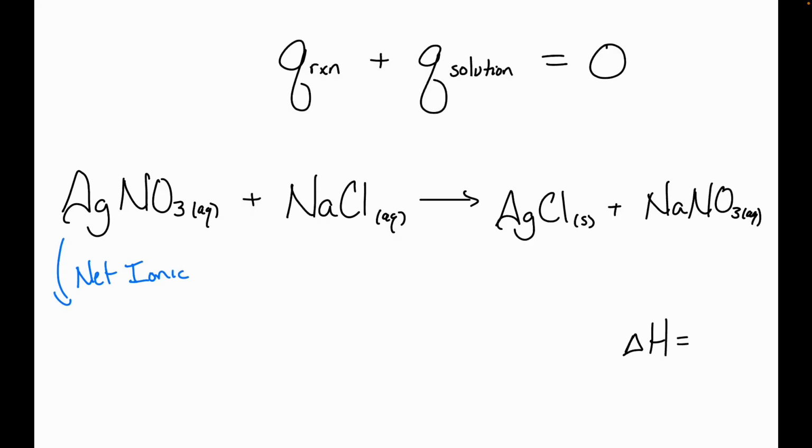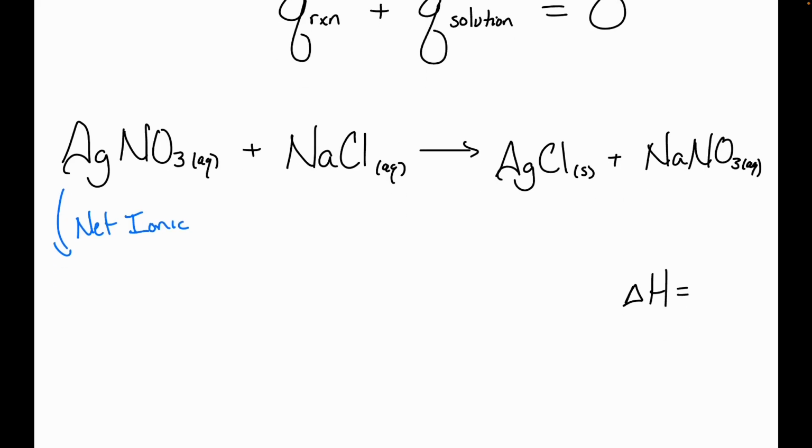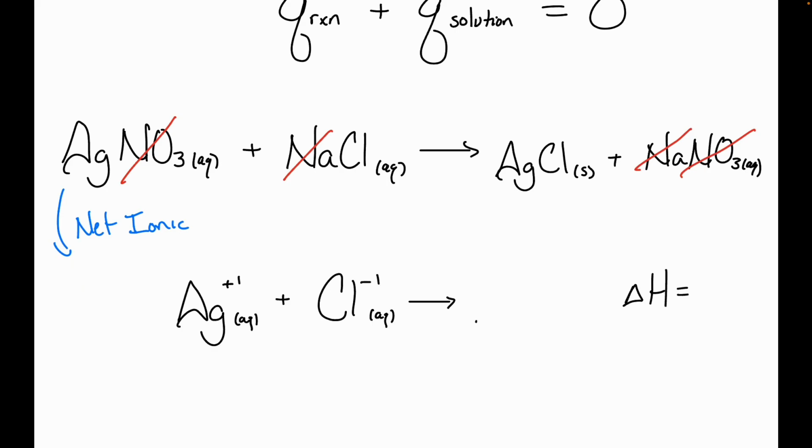All right, so our net ionic equation here, we're going to get rid of everything that remains aqueous in this solution. So we're left with just our silver ions combining with those chloride ions to make that precipitate, that solid silver chloride.